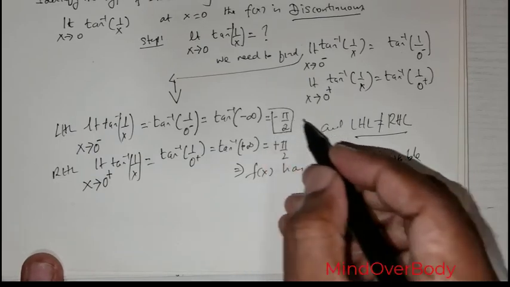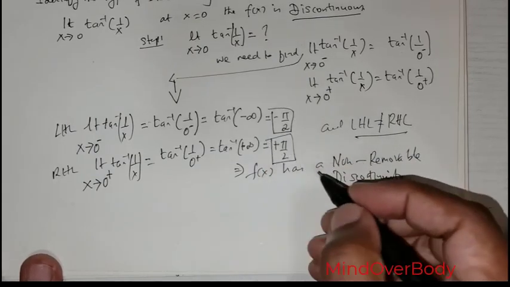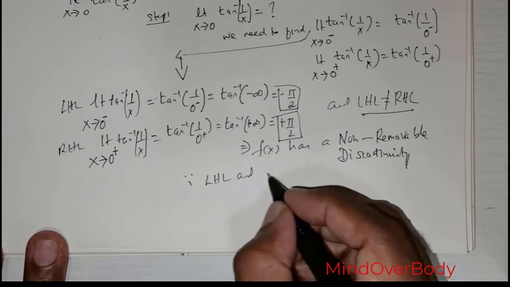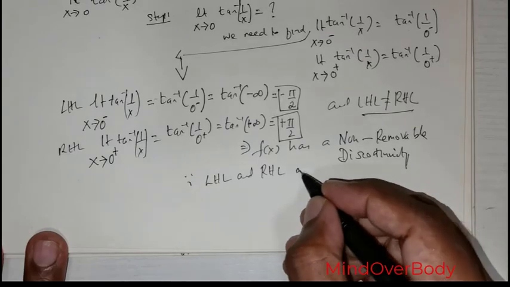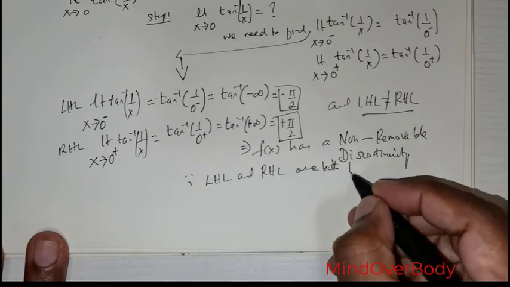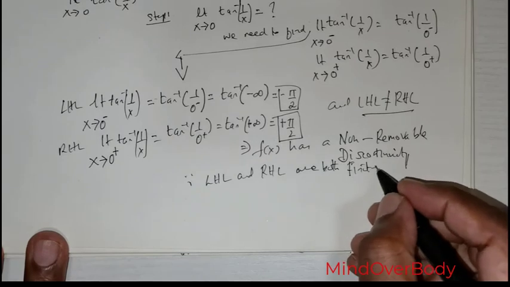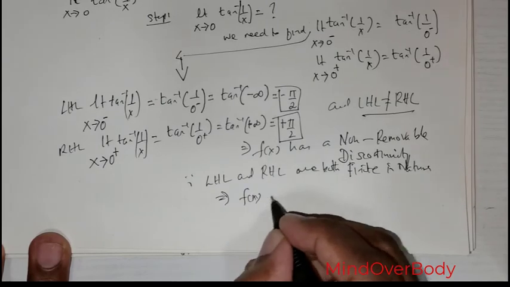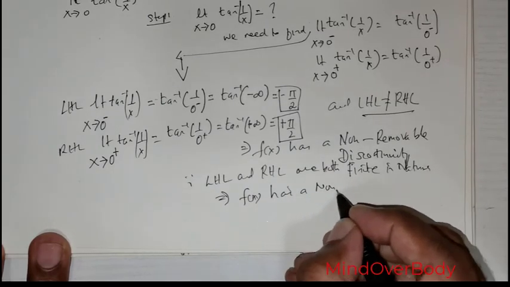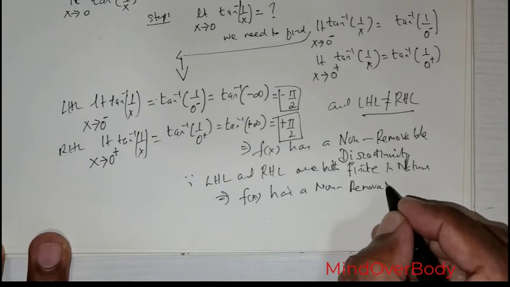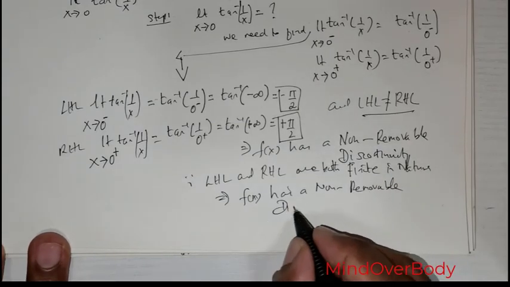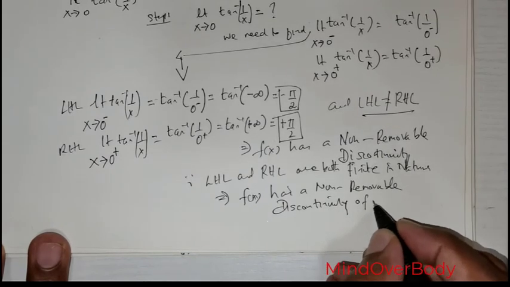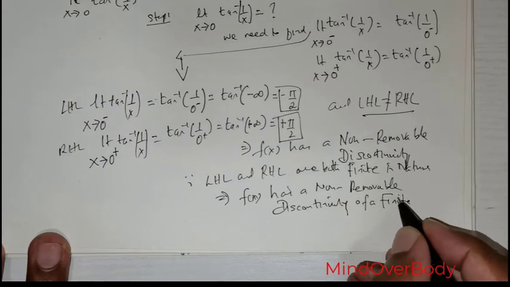Now, clearly you see that you get negative pi over 2, you get positive pi over 2. So, since the left hand limit and right hand limit are both finite in nature, this means f of x has a non-removable discontinuity of a finite type.